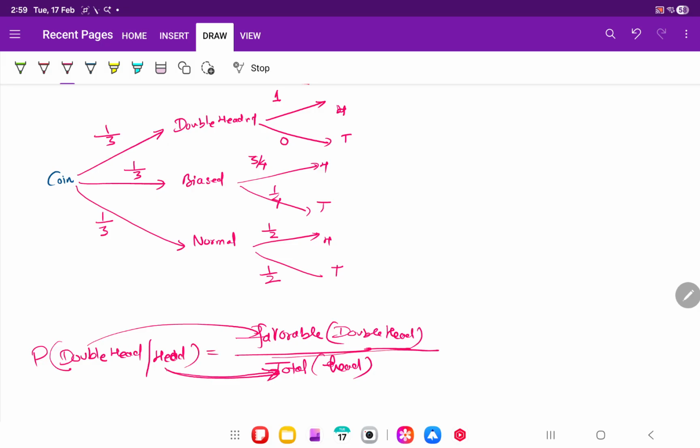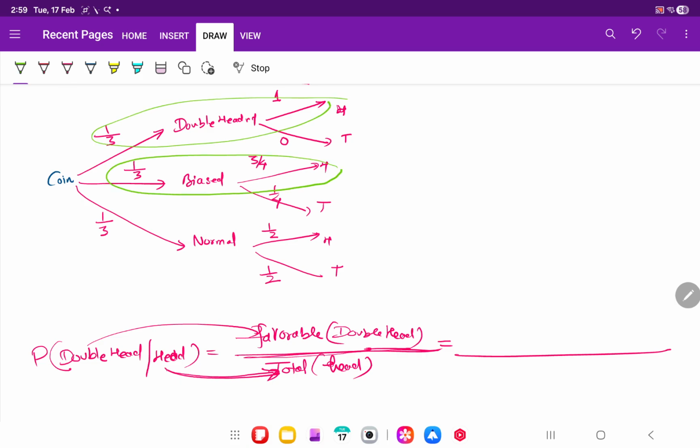So favorable by total. Let me write down. Favorable that you get head is this. Either this first case and you got head, or this second case you got head, or the third case. These are total possibilities. Out of that, this one is favorable, yes or no?